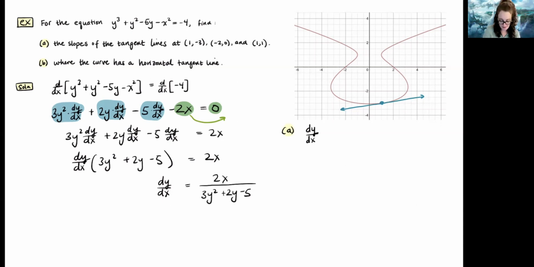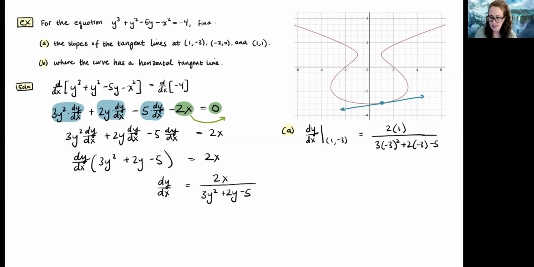So we write dy dx, and then we put this bar, and at the bottom of the bar, we put in the point that we're plugging in, so 1 comma -3. And then that's just indicating that after this equal sign, what we're doing is plugging in a 1 for x and a -3 for y into dy dx.